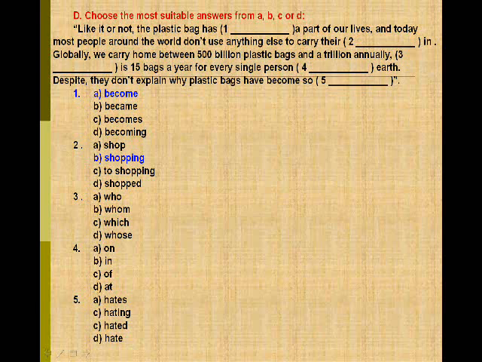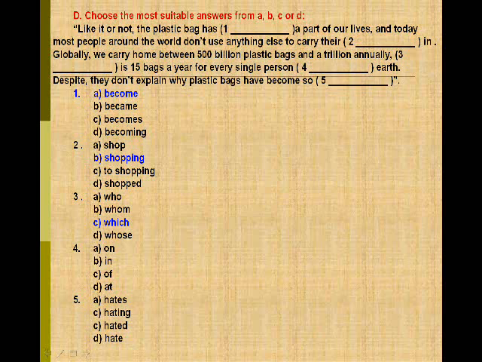Globally we carry home between 500 billion plastic bags and 1 trillion annually, and then is 15 bags a year for every single person. So, which one? Is it who? Is it whom? Is it which? Is it whose? Yes, which, because I'm talking about bags and plastic bags, okay? Which is 15 bags a year for every single person, earth.